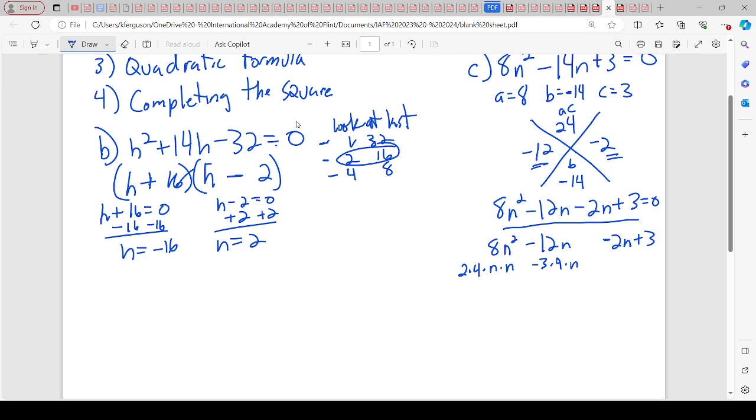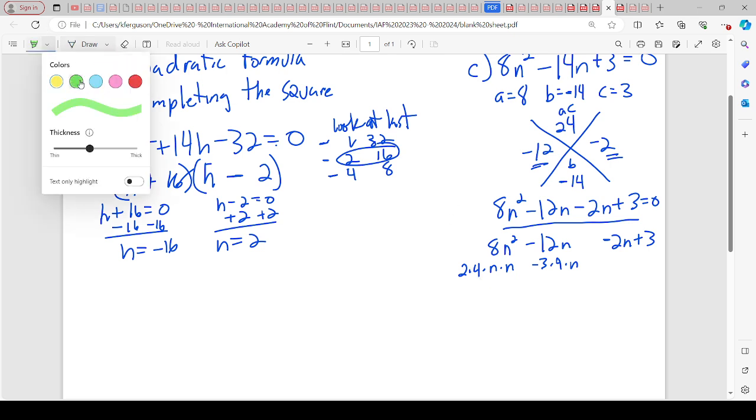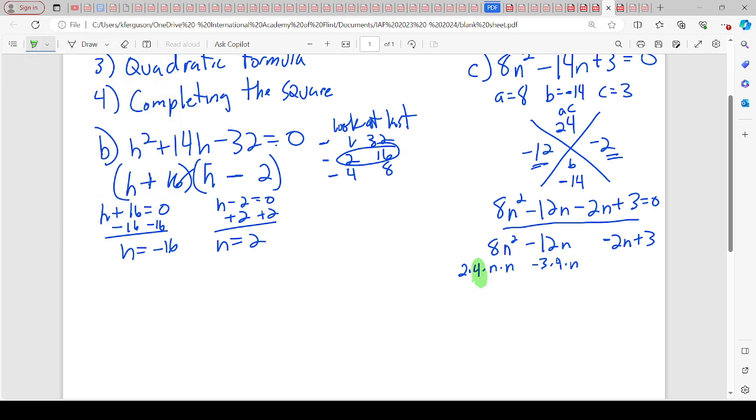They have a 4 and they have an n. So that's what I pull out. That's what factoring is. So I say I got 4n, and then I write down what's left. So right here, I got 2n, and then right here, I got minus 3.